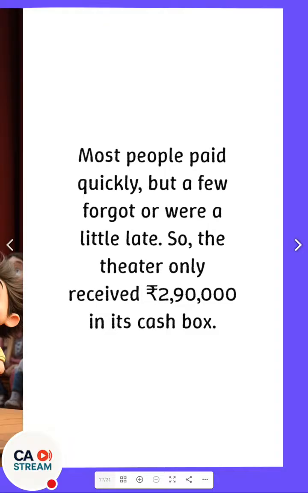We cannot call them allottees or shareholders. They are just applicants. Mostly they paid, but a few persons hadn't paid. So out of the called up 3 lakh amount, the company received only 2,90,000. This is the paid up share capital.